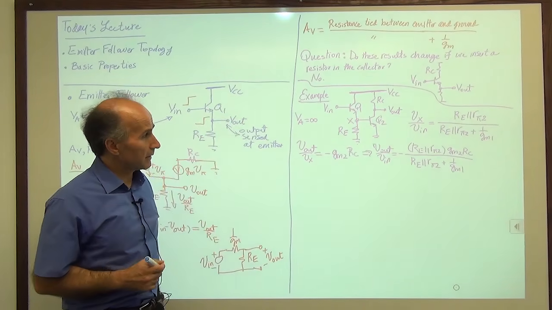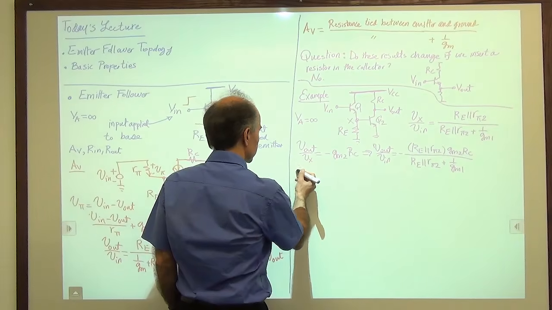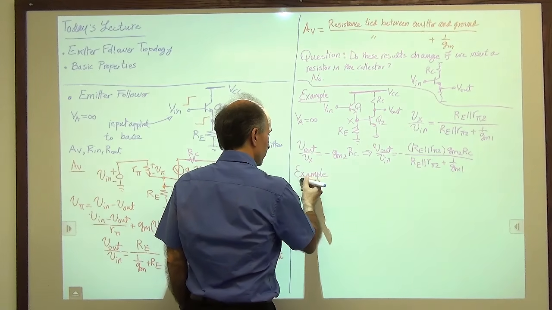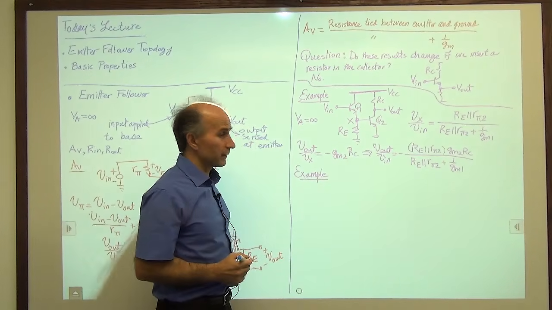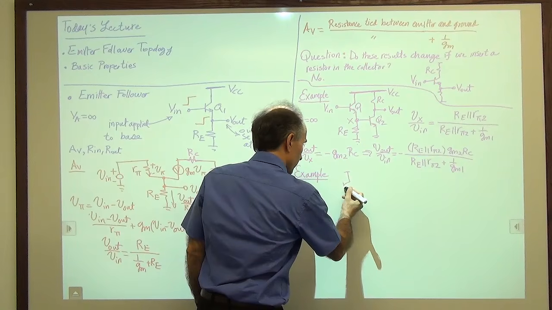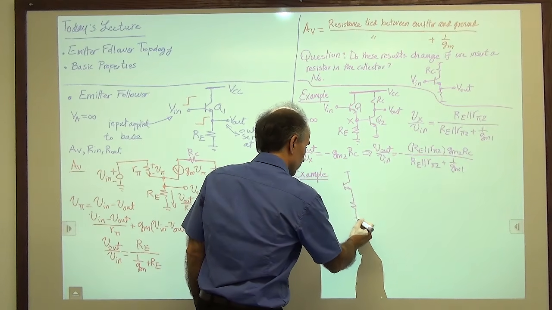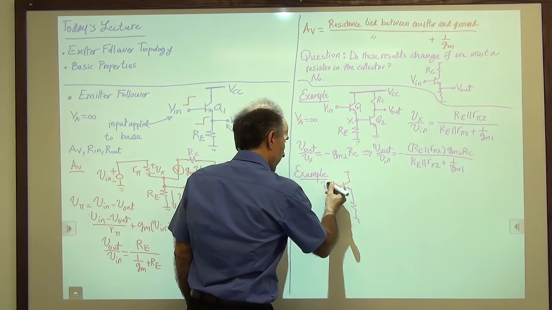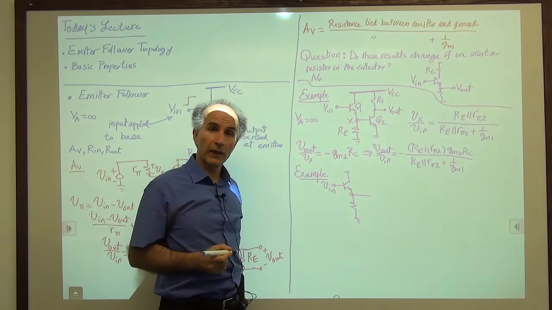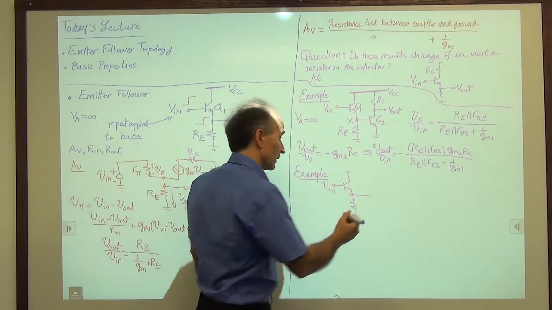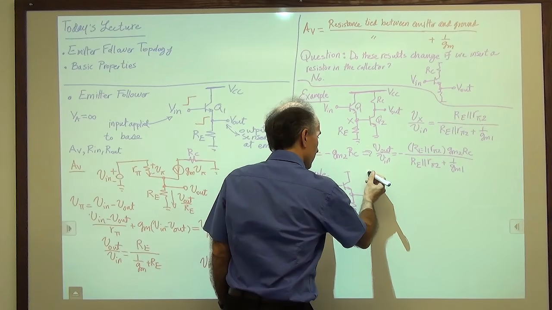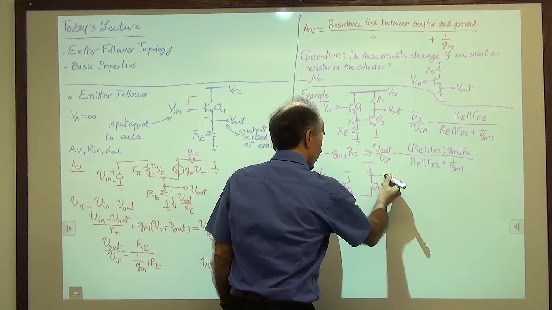Okay, let's look at another example, again of mixing and matching different types of stages. So this time I will take an emitter follower. So here's an emitter follower: the input going to the base, the output coming out of the emitter. And now I go to a common base stage. So I need to go to the emitter of the device, then go to a resistor, and then come out.